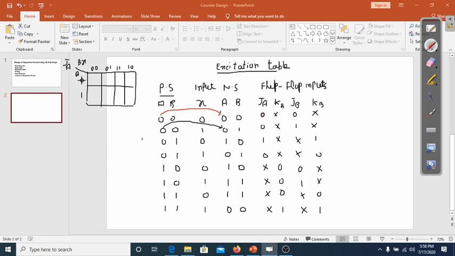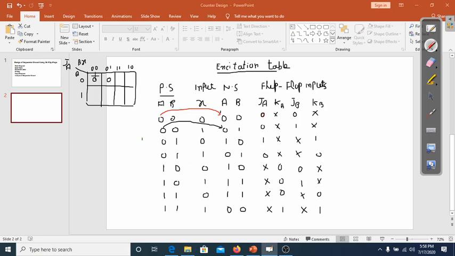So in the first case A is 0, B is 0, X is 0. For this case JA is 0. It is obvious A is equal to 0, B is 0, and X is equal to 0. JA is 0. And when A is 0, B is 0, and X is 1, JA is 0.